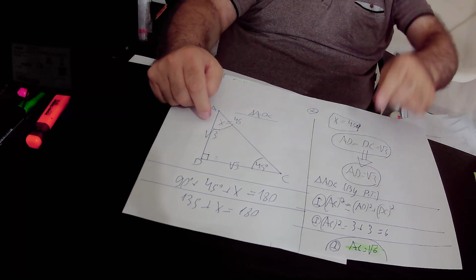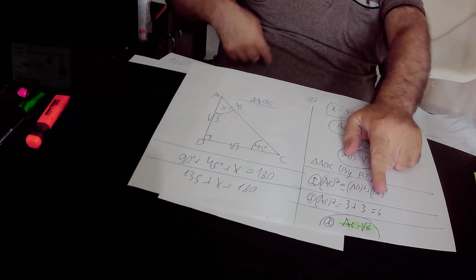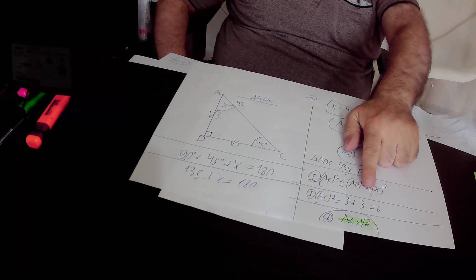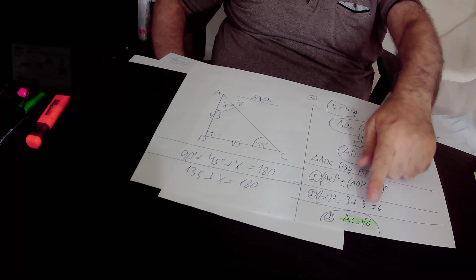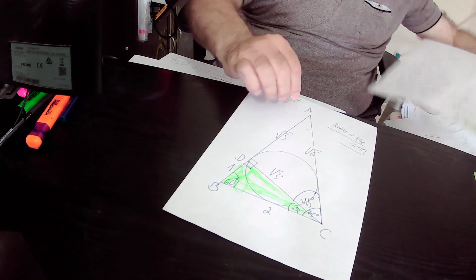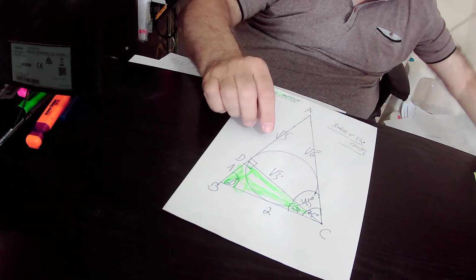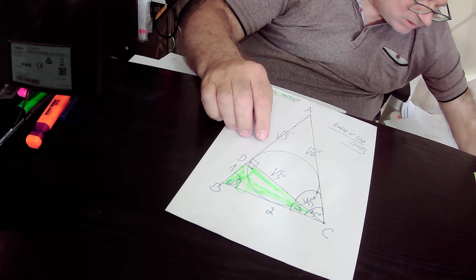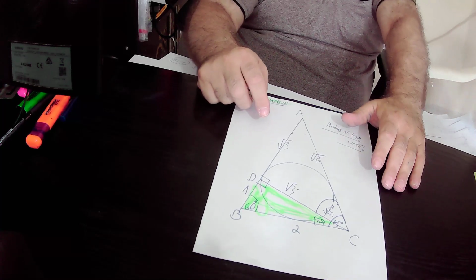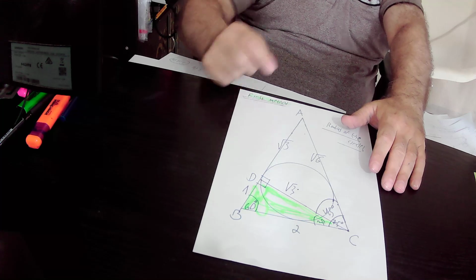So in conclusion, AC squared equals 3 plus 3, that is 6. We took a root of this equation and found out that AC equals square root of 6 units. So we have the lengths of all the sides of triangle ABC.